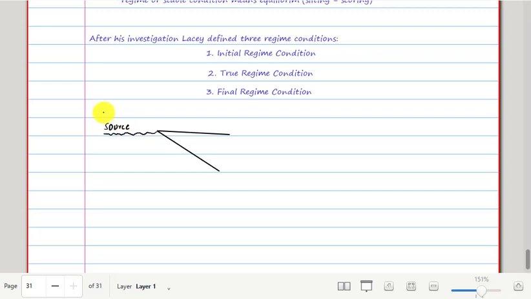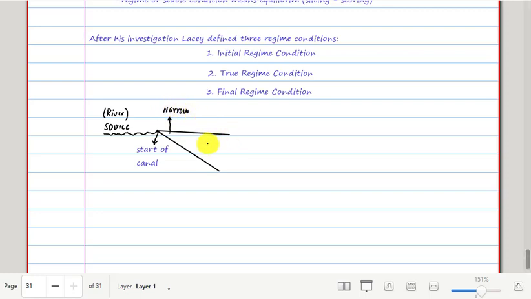This point is the start of canal, and at the start it is narrow.